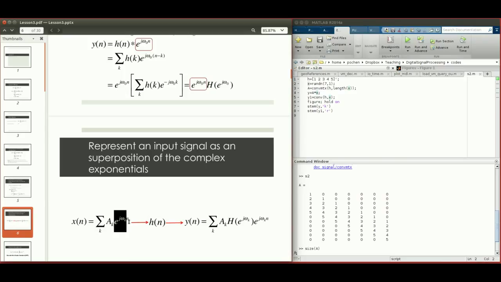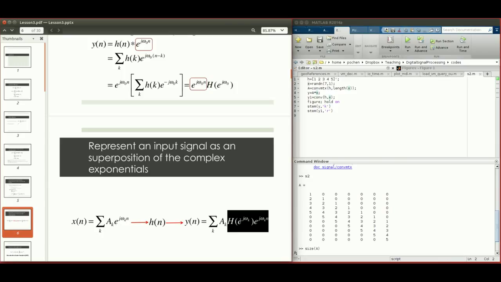Convolving it with h[n] is equivalent to a matrix-vector multiplication, so the result is big H(e^(j omega_k)) times the eigenvector itself, e^(j omega_k n). So the whole thing is going to be the response.